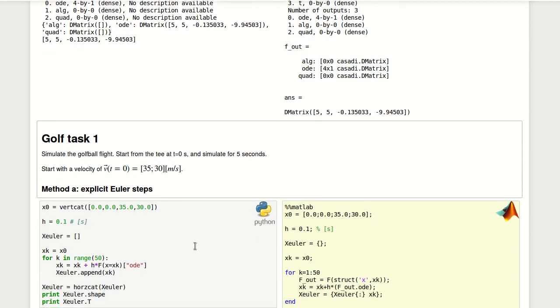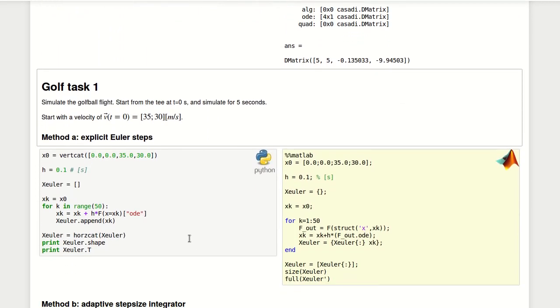Okay, first task. This task is just about simulating the flight of the golf ball for 5 seconds. So we start out from some initial launch conditions, initial state, and we have a step size. And now we loop over all the steps in time while integrating.